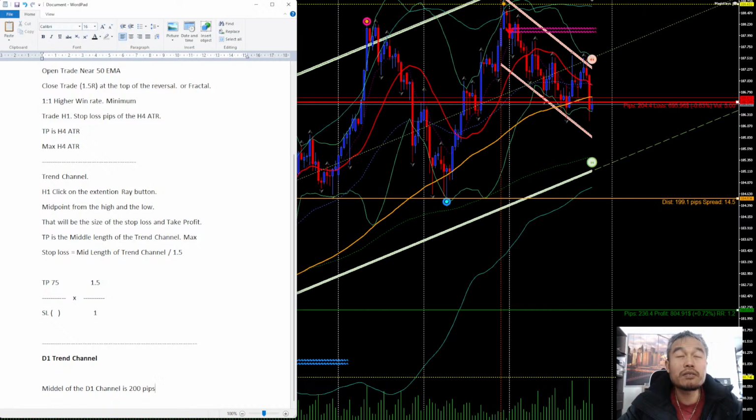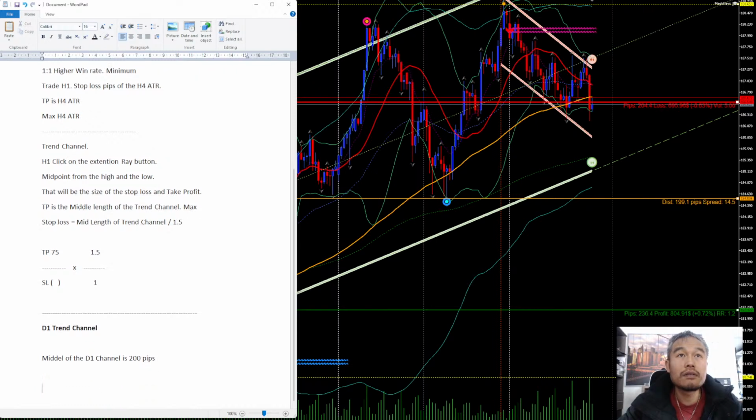If it's 200 pips, that would be the take profit: TP is 200 pips. Remember, that's probably the max pips that we should be taking.